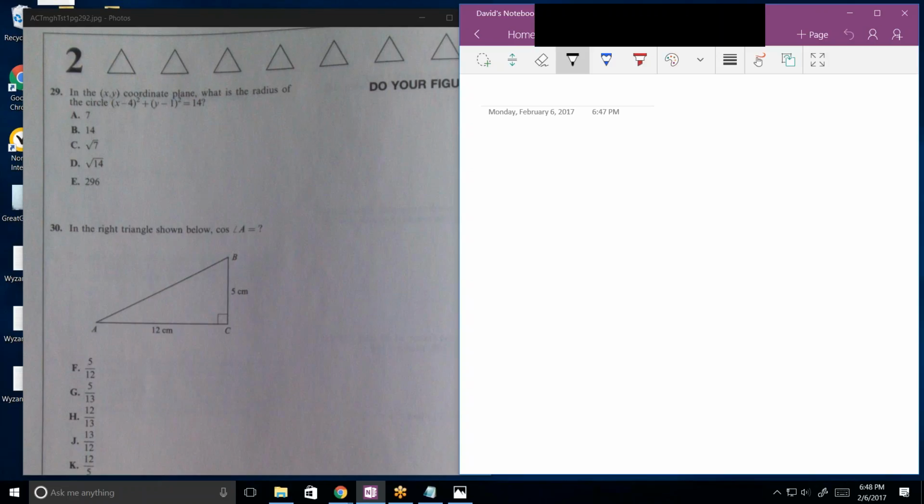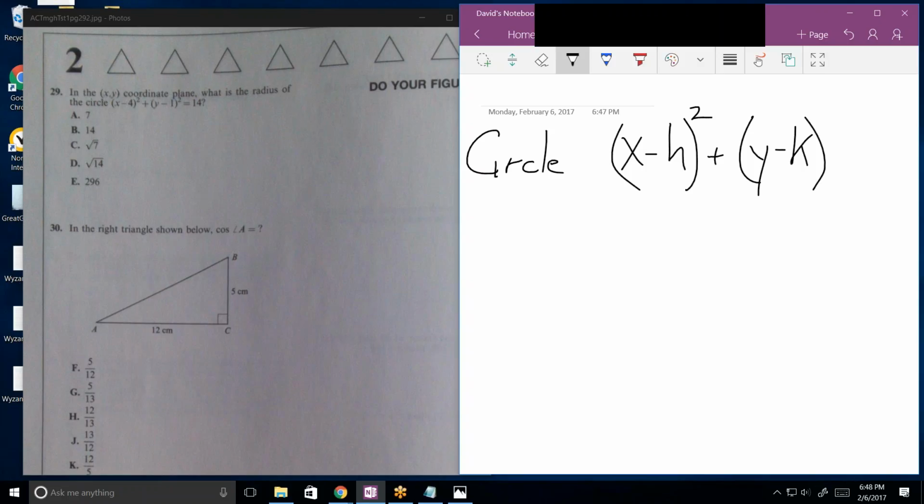So let's just review the 2 general formulas. What's the general formula for a circle? x squared plus y squared. Well, that's if its center is at the origin, then it's just x squared plus y squared. If its center is not at the origin, then this is the general formula, equals 1.